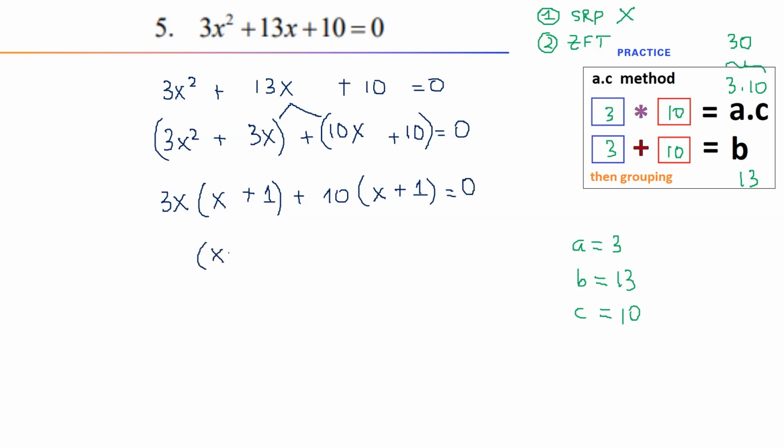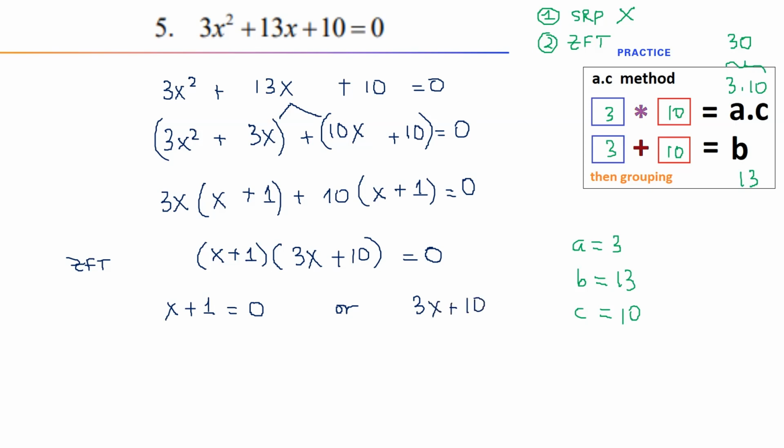So x plus 1 in common, so we factor it out, left with 3x plus 10 equals 0. Yes, now zero factor theorem applies. x plus 1 equals 0, or 3x plus 10 equals 0.